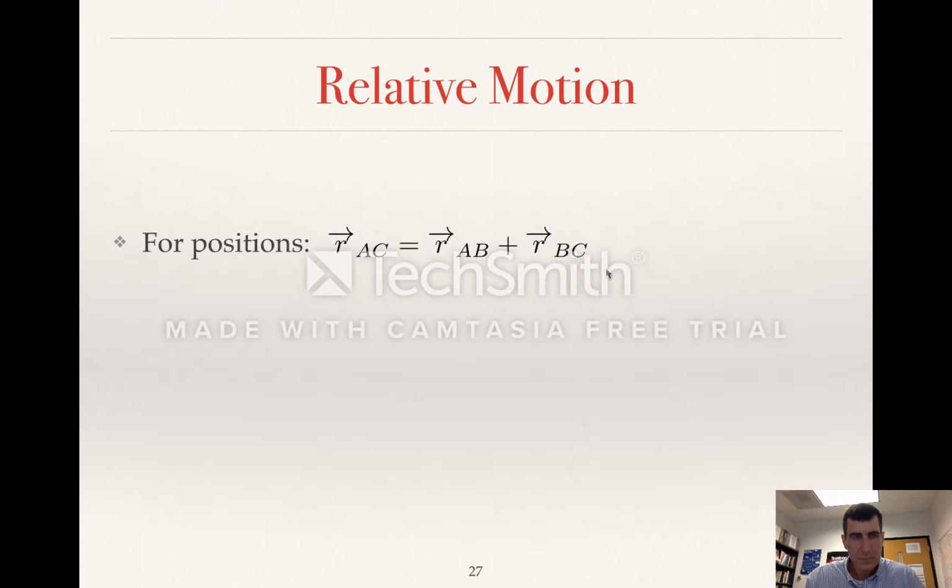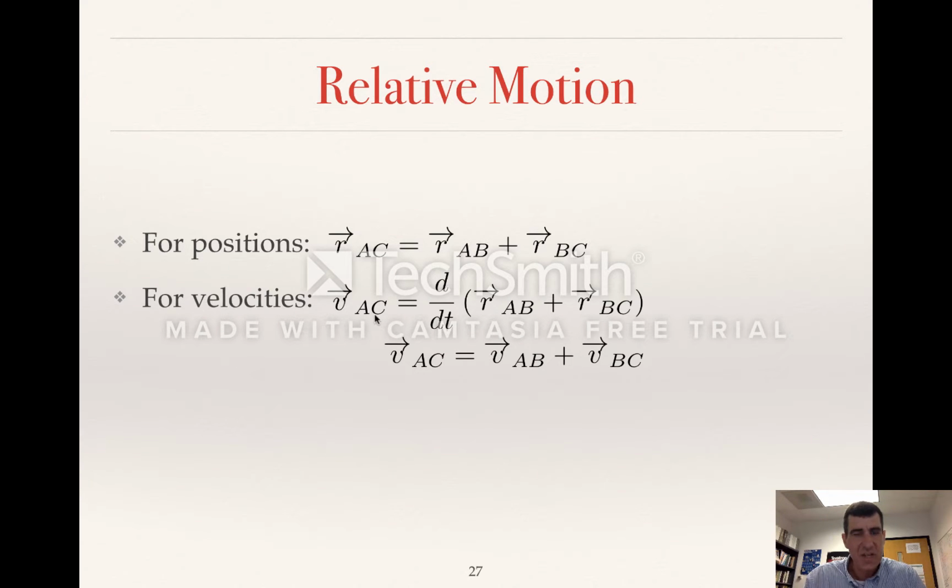If we want to do velocities, we know velocity is just the time derivative of the position. So we need to take the time derivative of the quantity RAB plus RBC. Now we can distribute that derivative, and we take the time derivative of RAB plus the time derivative of RBC, and those time derivatives are just velocities.